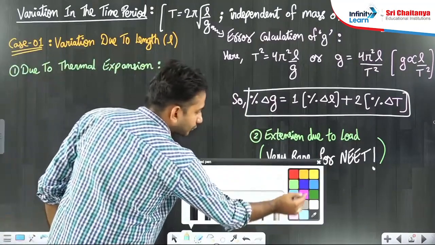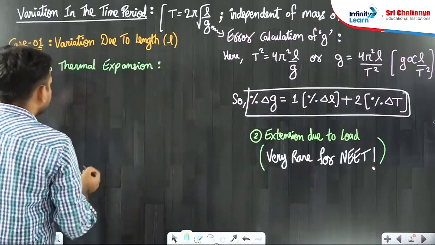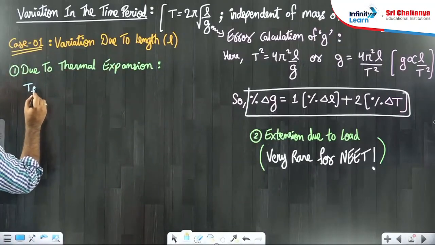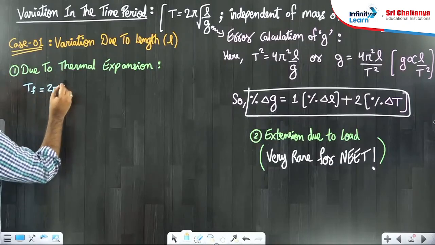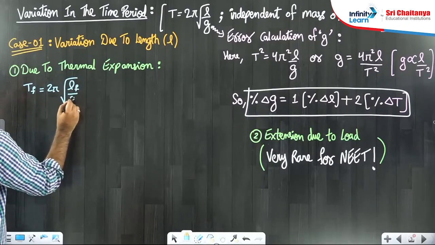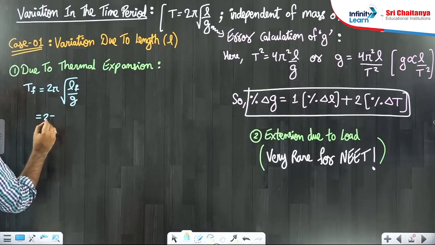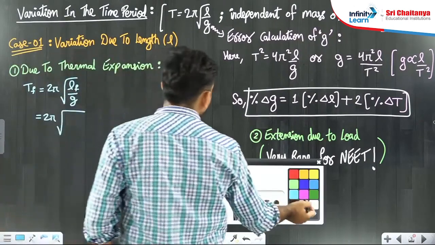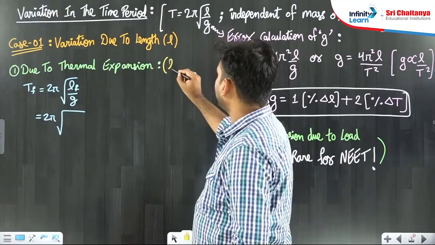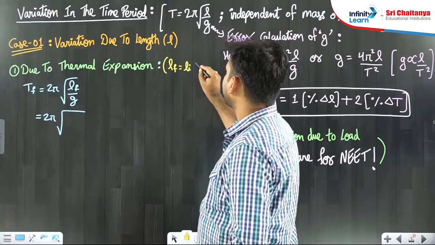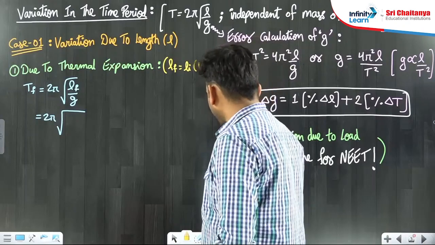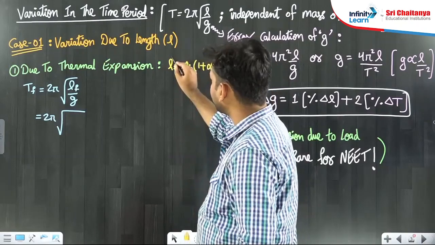Suppose I have raised the temperature by theta. Then the final time period will be equal to 2 pi under root L final by G, which can further be written using thermal expansion. I hope you remember L final is equal to L initial times (1 plus alpha delta theta).